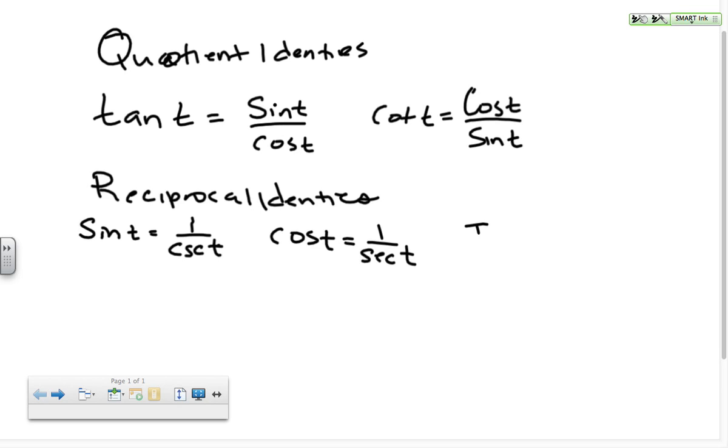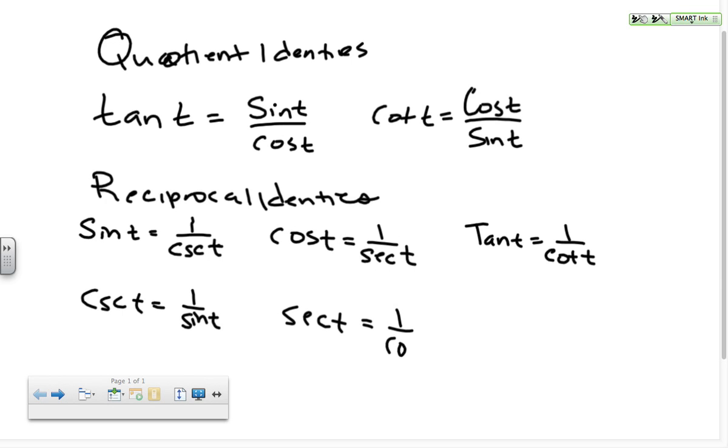The tangent of t is 1 over the cotangent of t. The cosecant of t is 1 over the sine of t. I'm hoping you're seeing patterns here. The secant of t is 1 over the cosine of t. The cotangent of t is 1 over the tangent of t.